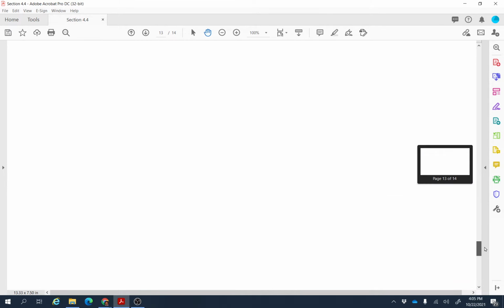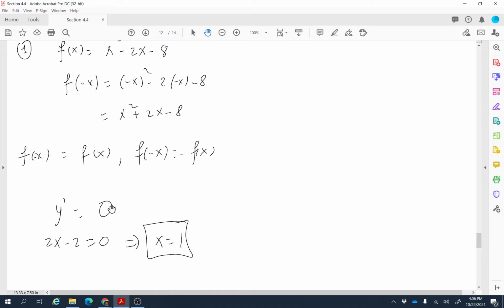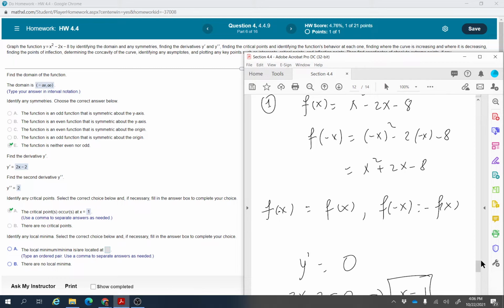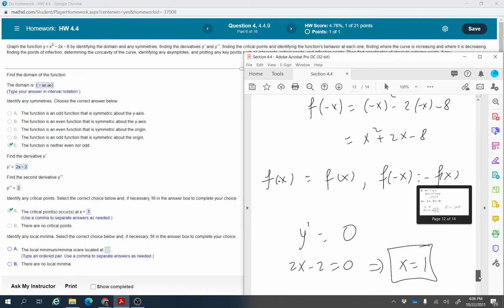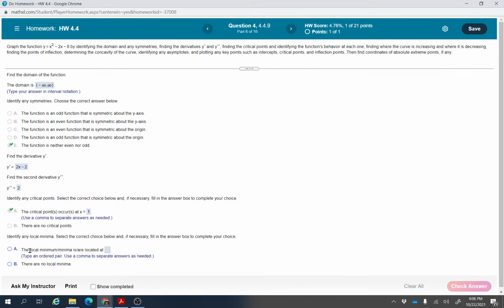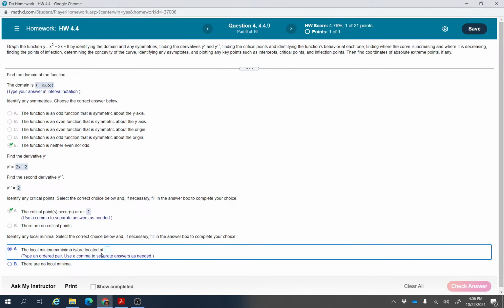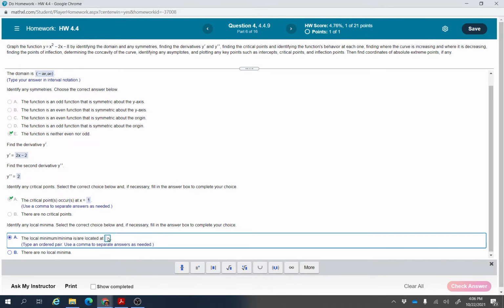So as you can see in this particular problem, the first derivative is 0 at 1, and the second derivative of this function is 2, which is always positive. So even at that point the second derivative is positive. So at that point you will have a local minimum value but not a local maximum. Okay, so there is no local maximum, only a local minimum is possible. So the local minimum is at x equal to 1 by using the second derivative test.